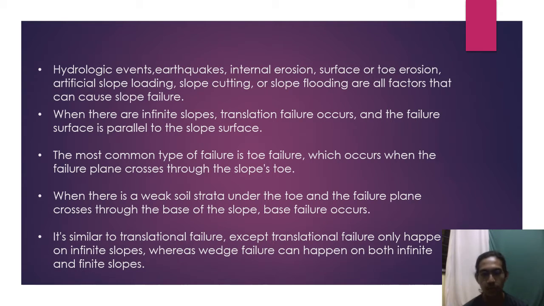When there is a weak soil strata under the toe and the failure plane crosses through the base of the slope, base failure occurs. It is similar to translational failure, except translational failure only happens on infinite slopes, whereas wedge failure can happen on both infinite and finite slopes.